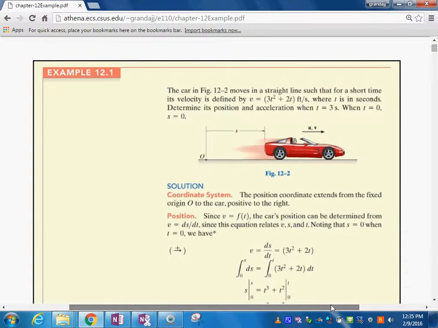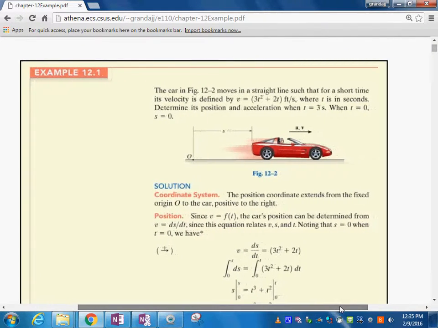It moves in a straight line such that for a short time the velocity is defined as v equals 3t squared plus 2t in feet per second, where t is in seconds. The question is to determine its position and acceleration when t is 3 seconds and when t is equal to 1 second.